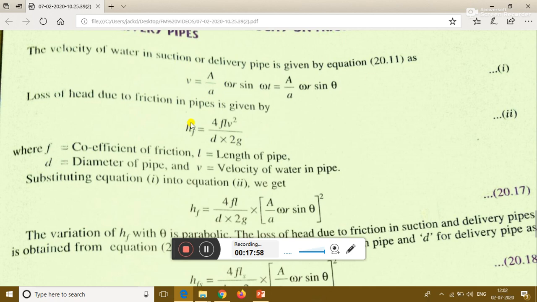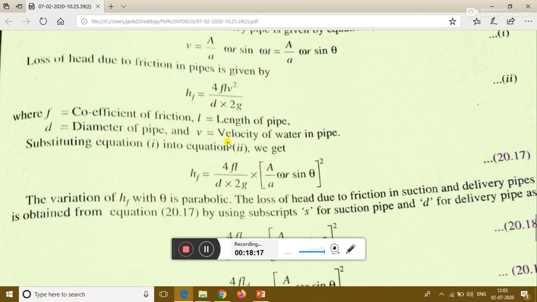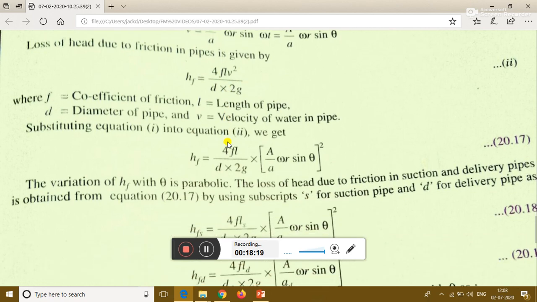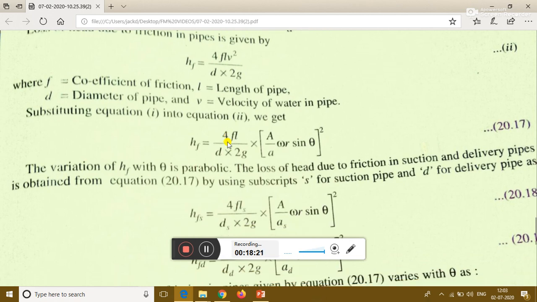If it was a laminar flow, you could have used Hagen-Poiseuille, but it's not, so you have to use Darcy-Weisbach. Here f is the coefficient of friction, L is the length of the pipe, D is the diameter of the pipe, and V is the velocity of water in the pipe.